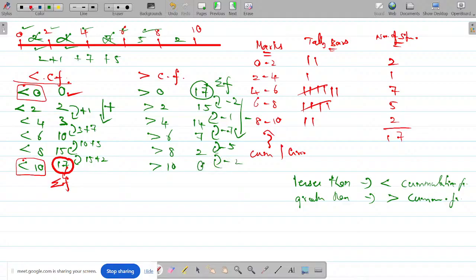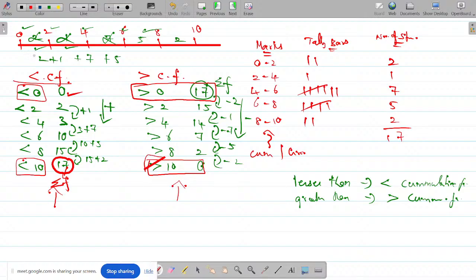Definitely this value will end up with 0 only, because the logic is the same. What's the logic? How many have secured greater than 10? Nobody, because the maximum marks I have provided is 10 only. And how many have got greater than 0? Everybody. So this is with respect to less than CF and this is with respect to greater than CF.